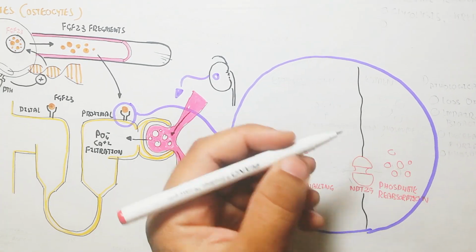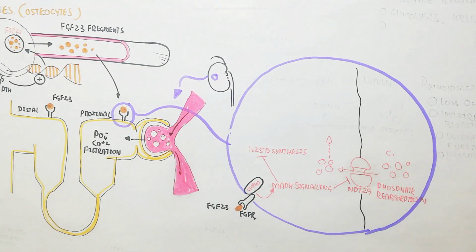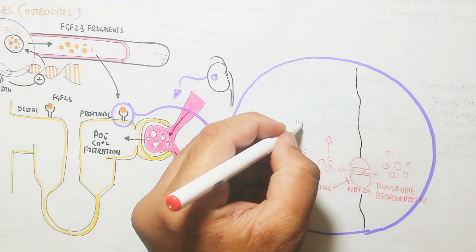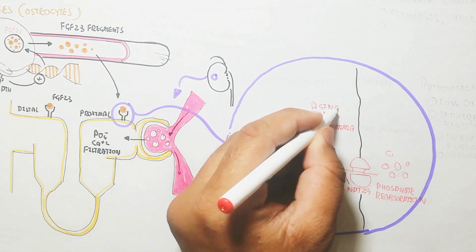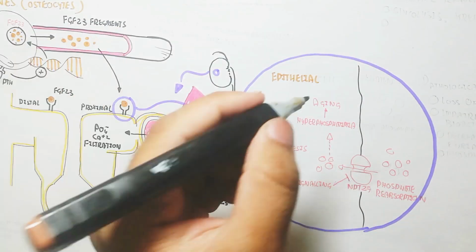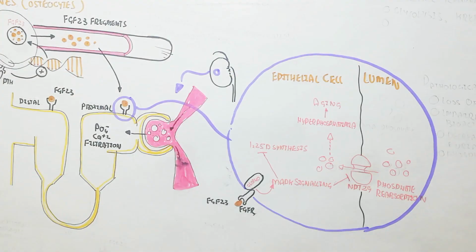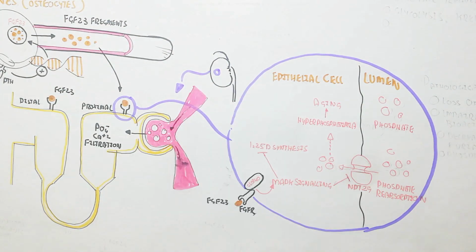In this way hyperphosphatemia will be impossible, and phosphate-related aging due to hyperphosphatemia will be inhibited. The phosphate will remain in the lumen of the nephron and be excreted for normal physiology.